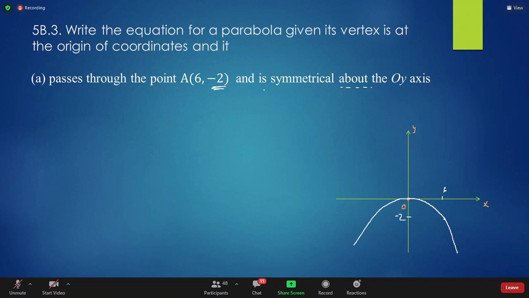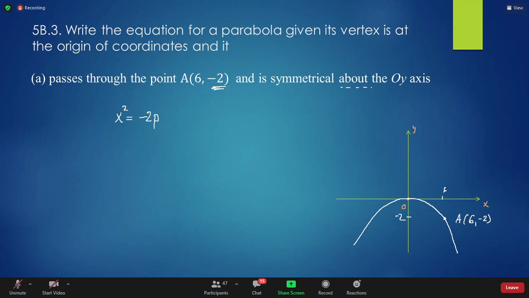Now we do have this point A with coordinate 6, minus 2. And now we have to write the equation. Of course we understand that classically the equation should be opening down, that is x squared equals minus 2py opening downwards.